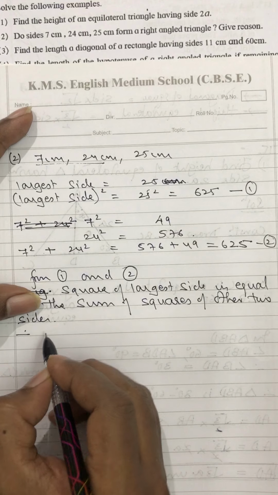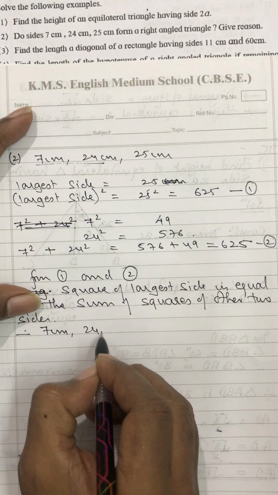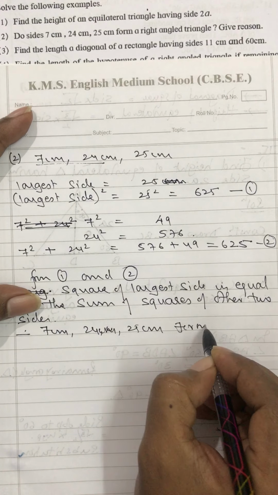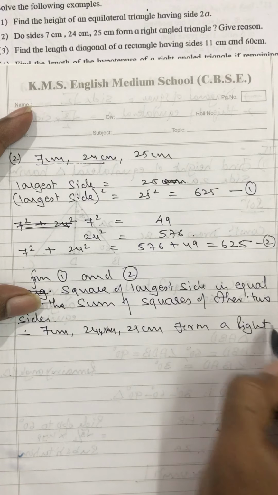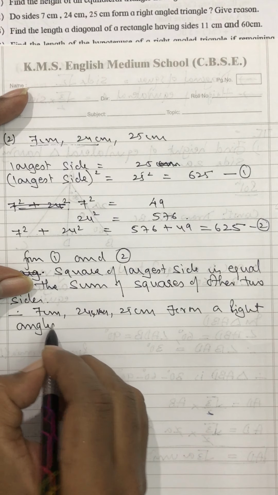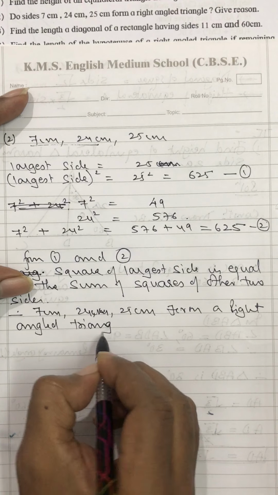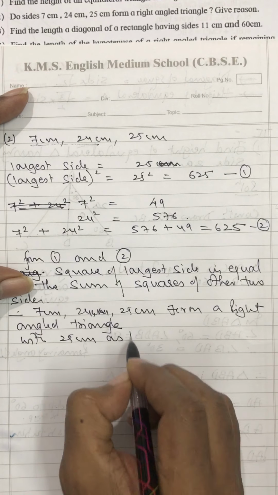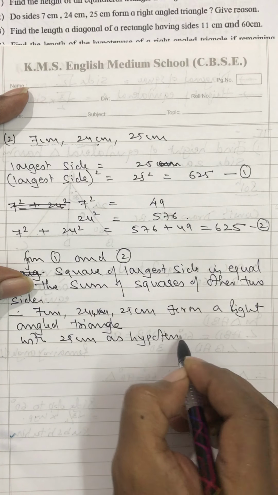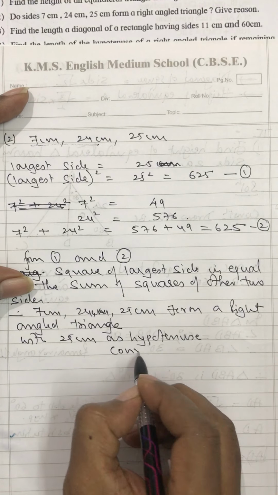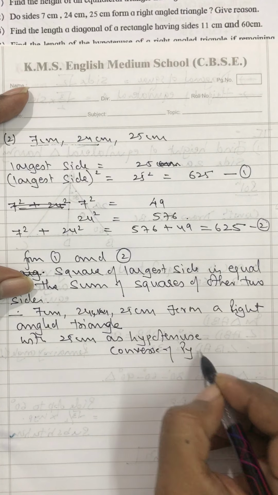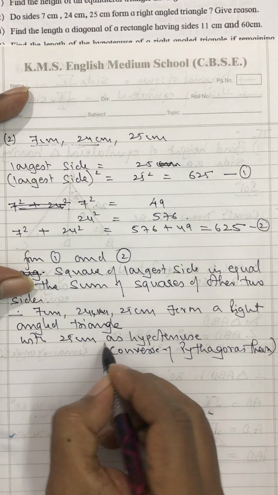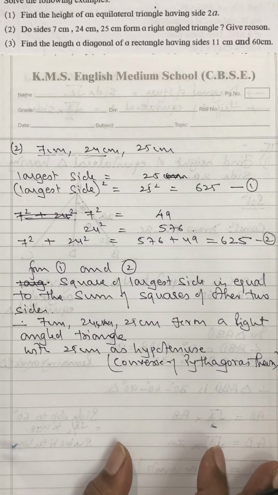Therefore 7 centimeter, 24 centimeter, 25 centimeter form a right angled triangle with 25 centimeter as hypotenuse. The reason is converse of Pythagoras theorem. So this will be more than sufficient.